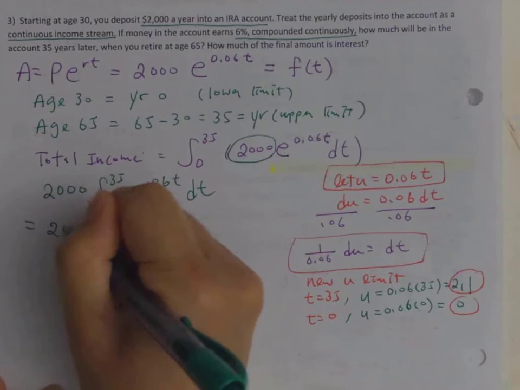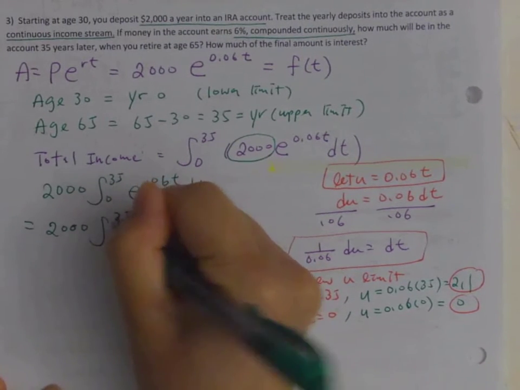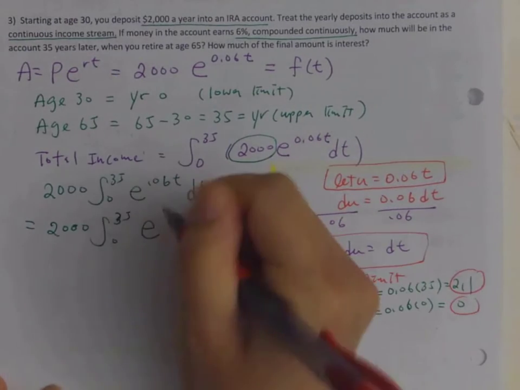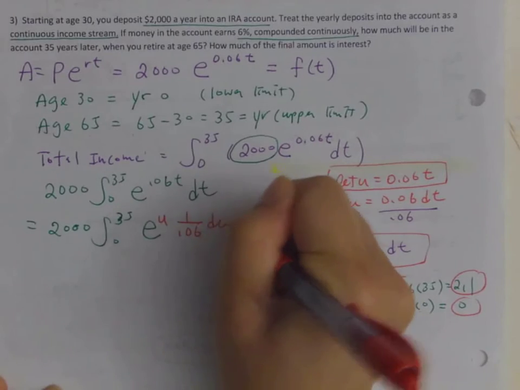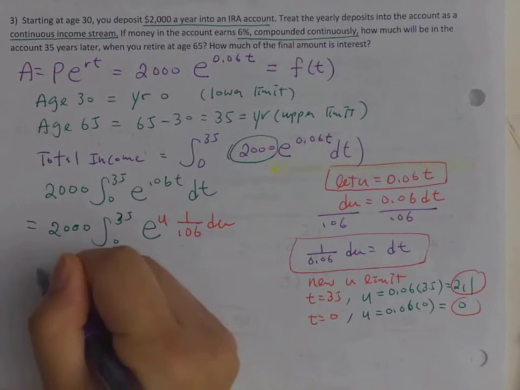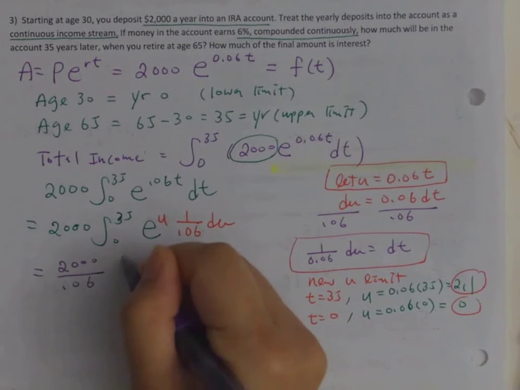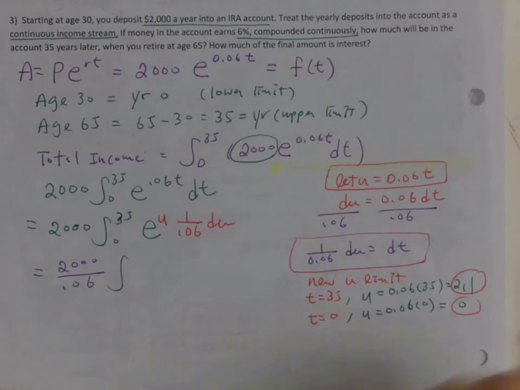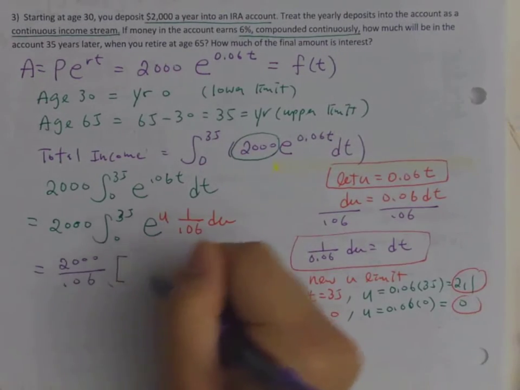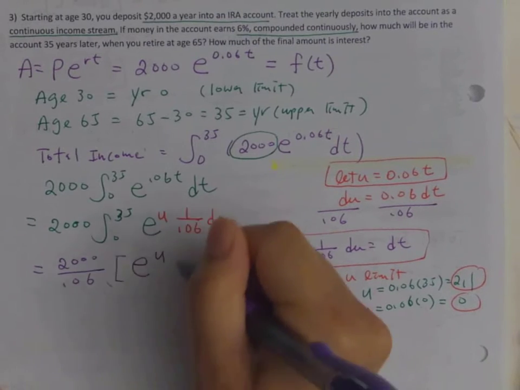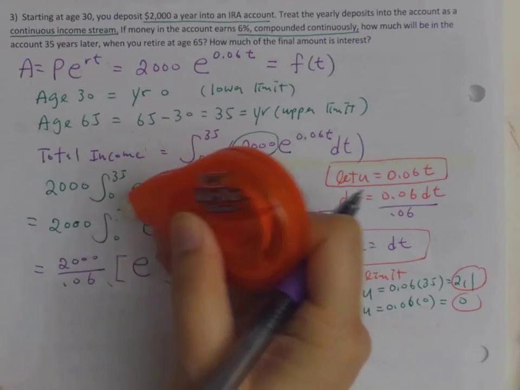Okay, so plug it in. We got 2000, integral from 0 to 35, oopsie, e raised to u, and then 1 over 0.06 du, and the coefficient goes outside, so 2000 divided by 0.06. I guess we are ready to take the integral. So we got e^u, and then plug in, instead of 0 and 35, my new limits.